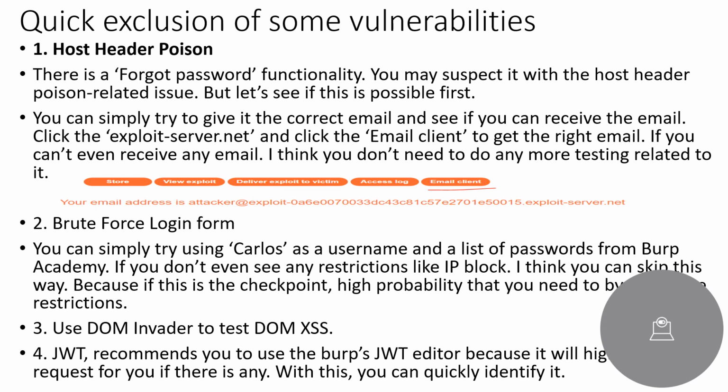You may suspect host header poisoning related issues, but let's first figure out whether it is possible. You can simply click this link, give it a collaborator email link, and see if you can receive the email. We can make use of the exploit server.